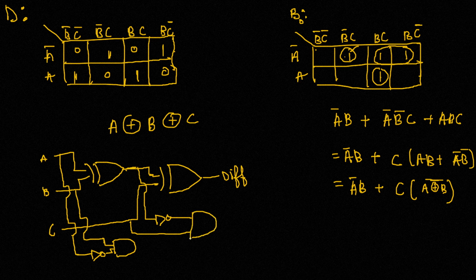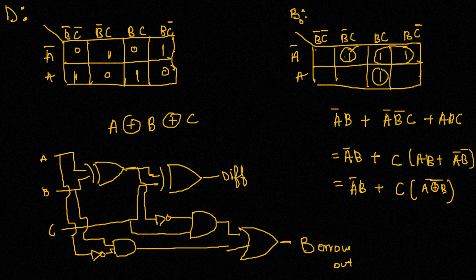We multiply that with C, and the output from these two AND gates is then taken through an OR gate. So the output of all of this is the borrow out. So that's all about full subtractor.